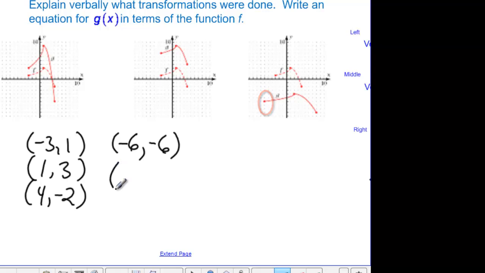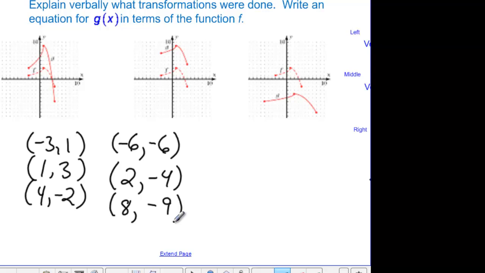Next value is 1, 2, and 3 to -4. Final goes from 4 all the way up to 8, -2, and -9.